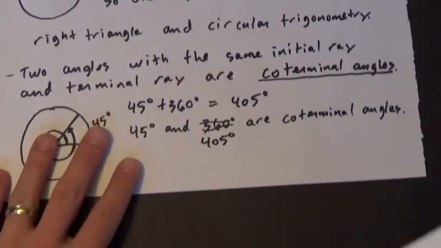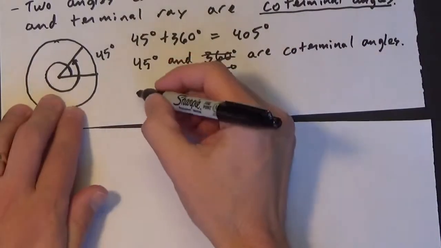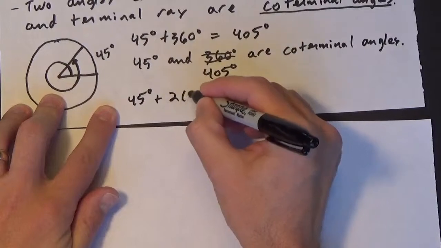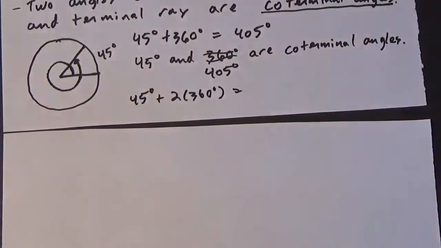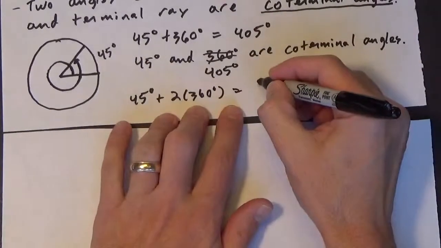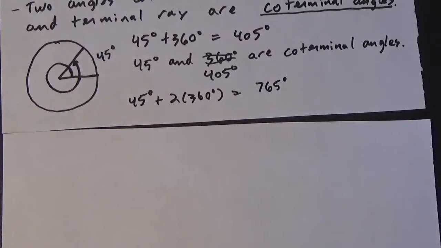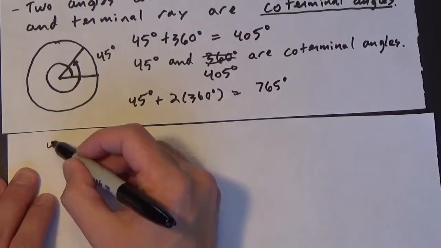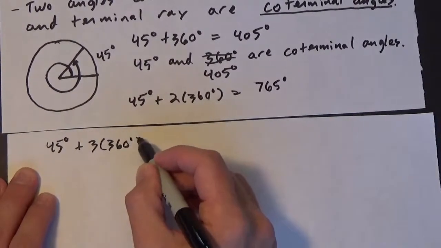So we can keep this going. Let's say we have 45 degrees plus 2 times 360 degrees. That's 720 plus 45, so that's 765 degrees. We can do the same thing again, 45 degrees plus 3 times 360 degrees.